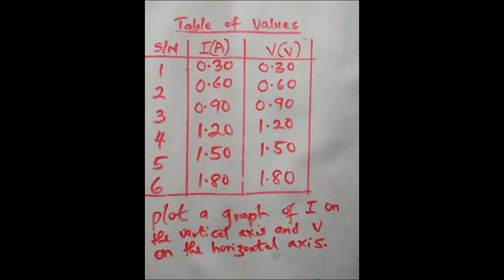If you look at the column for current, after the current, the unit is written in bracket, that is ampere. Some students omit this. And if you look at voltage, the unit is written in volts. When quantities are written and such quantities have a unit, students must put those units in bracket in front of those quantities.